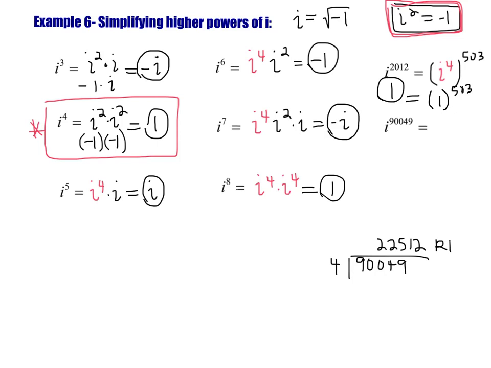What that remainder of 1 tells you is how many i's are going to be left over. So what you have is i to the 4th raised to the, like I said, 22,512 with a 1 left over, meaning you multiply by i one more time. So again, 1 to any power is just 1. And then we have 1 times i. So i to the 90049 is just i.